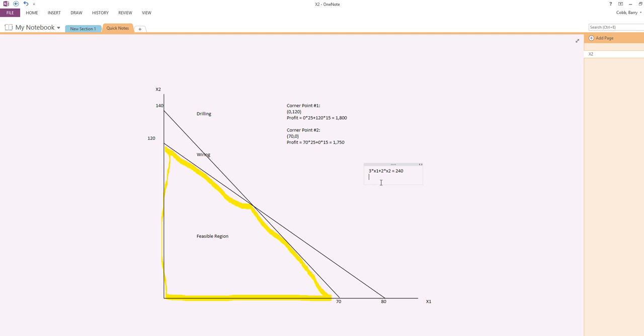We solve for one of the variables in this constraint. Let's solve for x1, by moving the term for x2 to the right side. Then we divide both sides by 3.